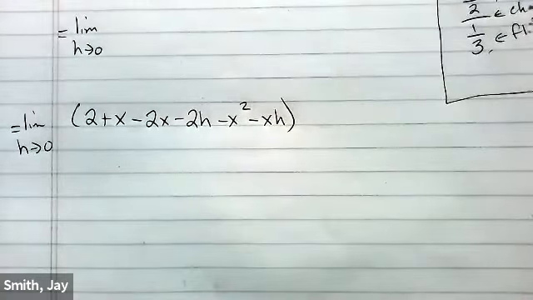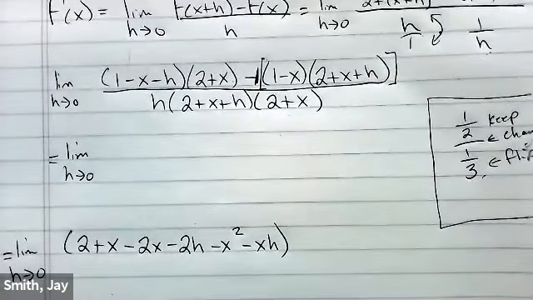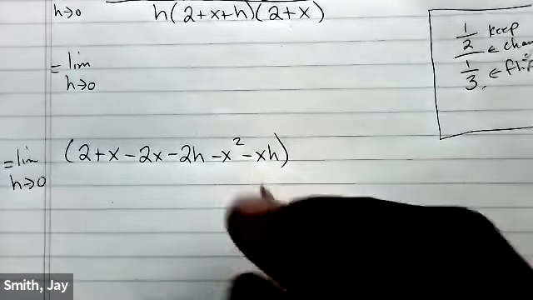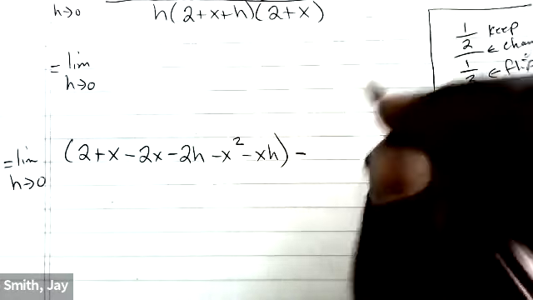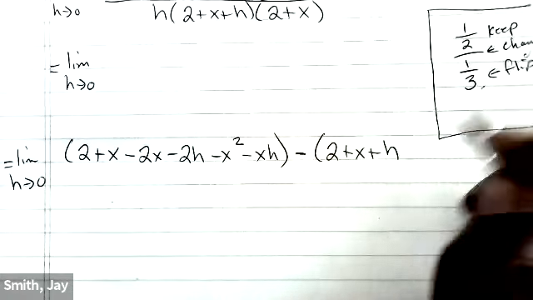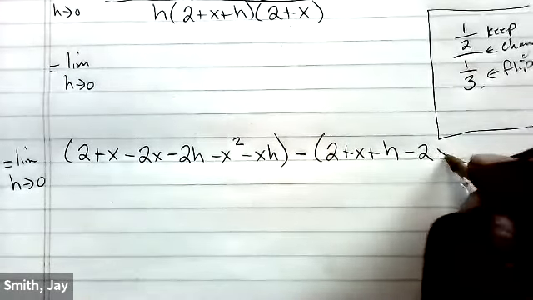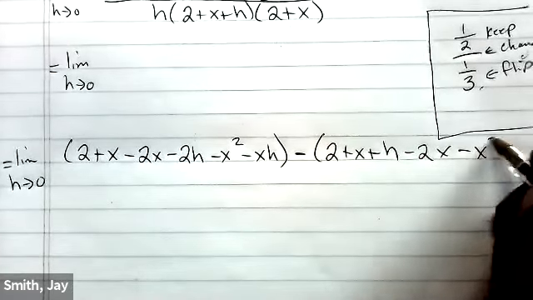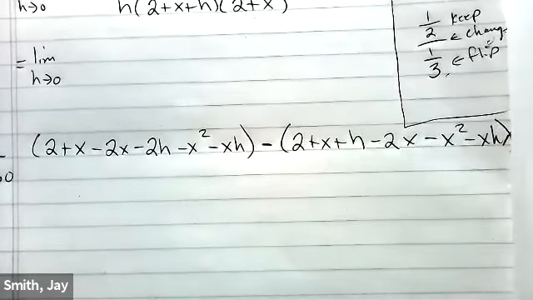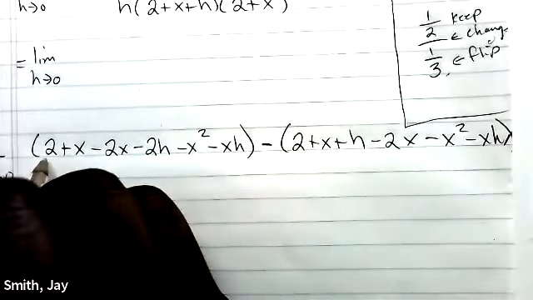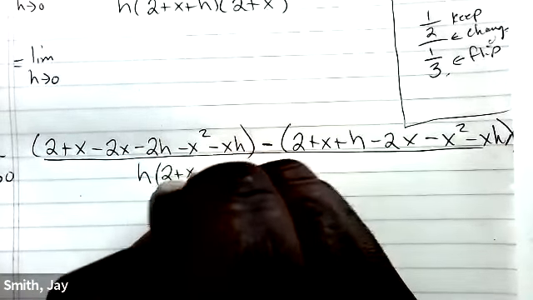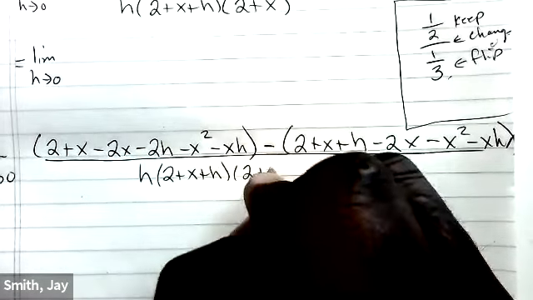This is the polynomial we get for multiplying 1 minus x minus h times 2 plus x. Minus 2 plus x plus h minus 2x minus x squared minus xh. All of this is still being divided by h times 2 plus x plus h times 2 plus x.